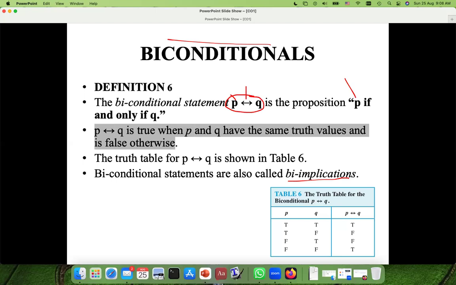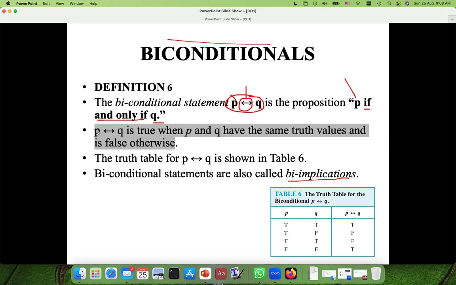P if and only if Q. What is the meaning of this? The meaning of this is if and only if. So two ifs are there. If and only if.